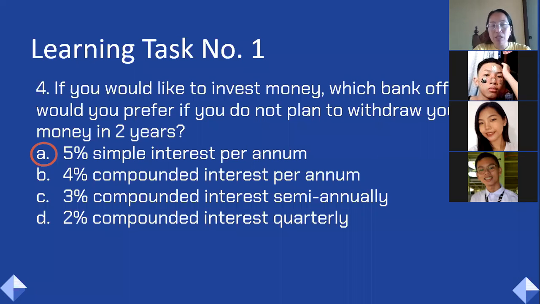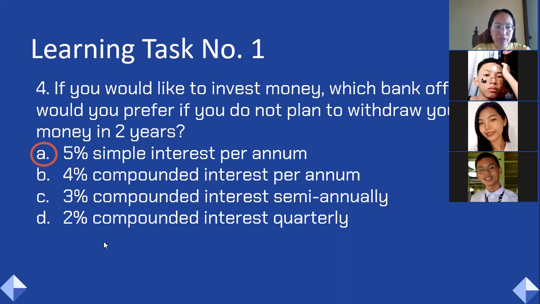But actually, if you think of the interests that banks give, it's small. It's small, but talking about the safety of your money, it would be safer to deposit it in a bank than anything else.